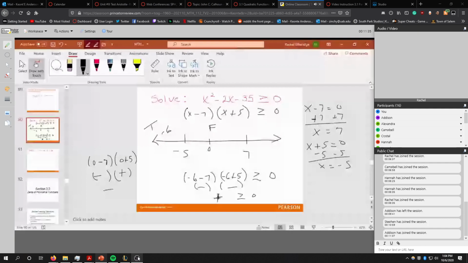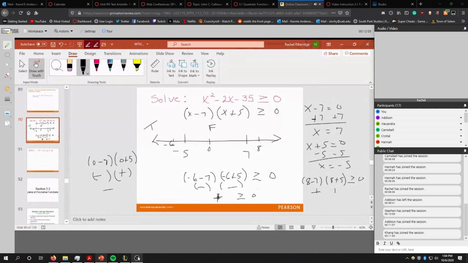And then pick something to the right of 7. We would pick maybe 8. So I picked negative 6 over here. Let's pick 8 and put 8 in. 8 minus 7, I'm just plugging into the factored form, and 8 plus 5.